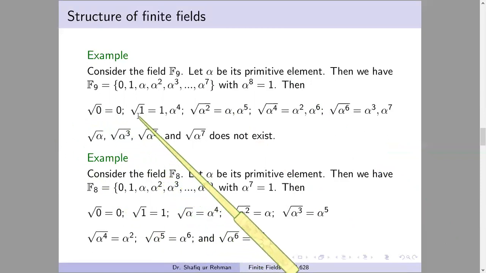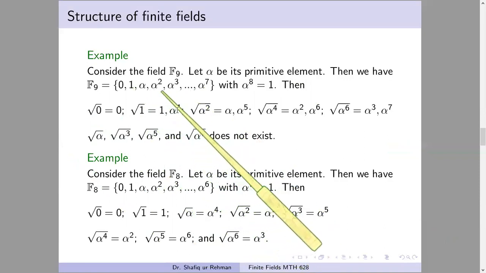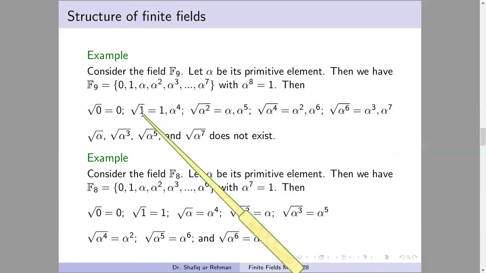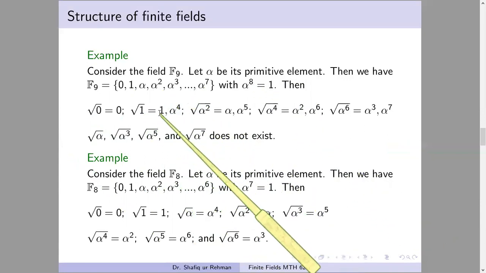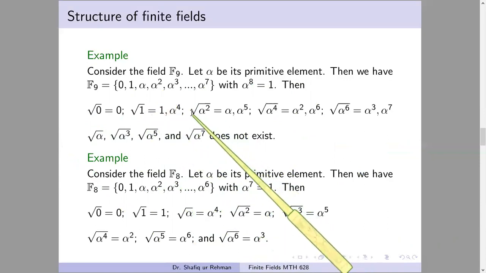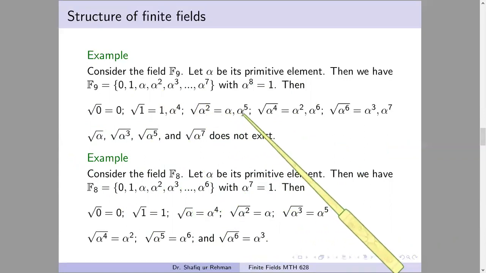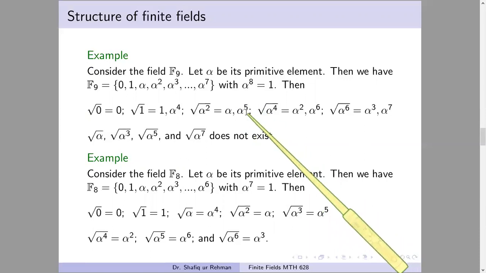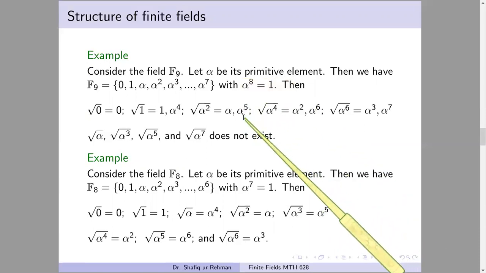The square root of 1 is 1 and alpha power 4, because 1 square is 1 and alpha power 4 square is alpha power 8, which is also 1. So there are two square roots for 1. Similarly, there are two square roots for alpha square, because alpha power 2 is alpha square and alpha power 5 whole square is alpha power 10, and by using this relation we get alpha square.